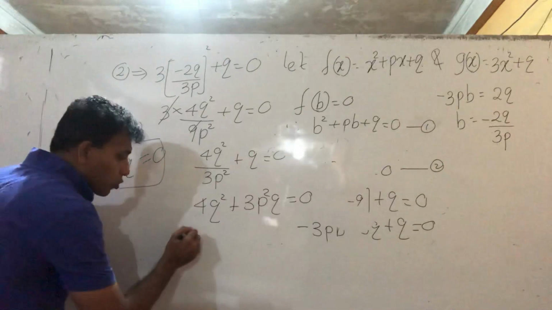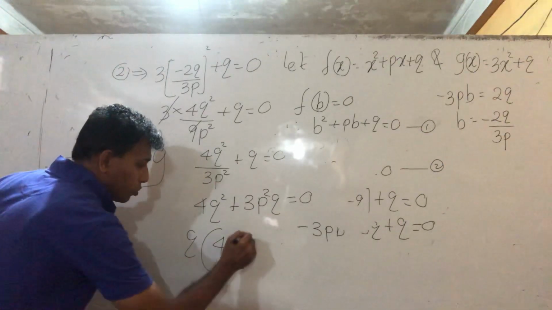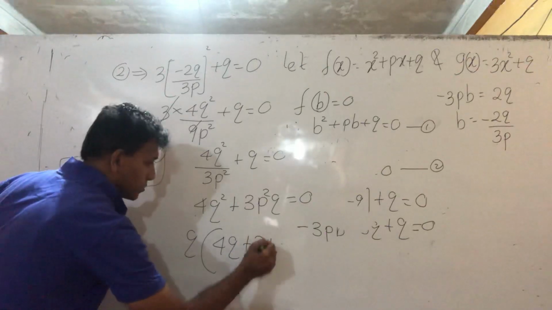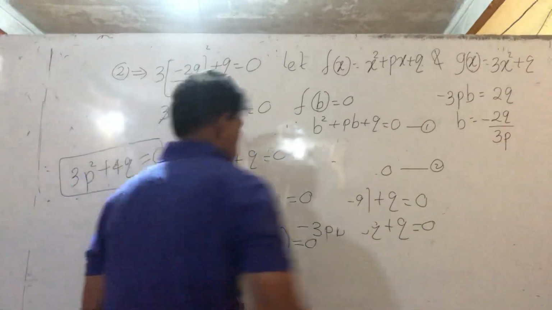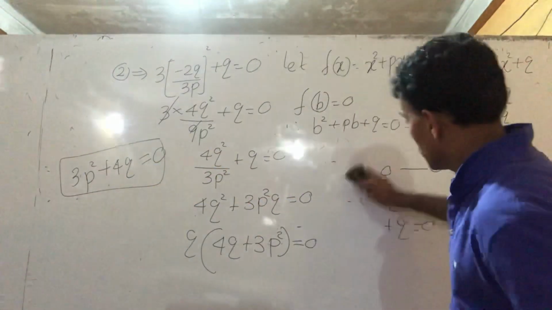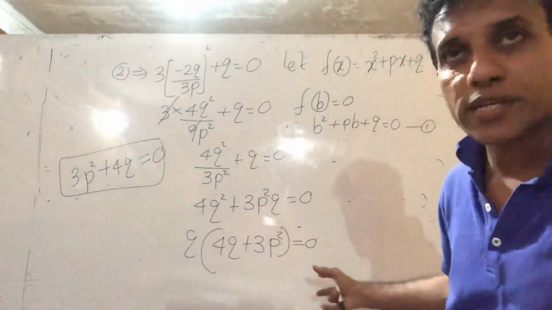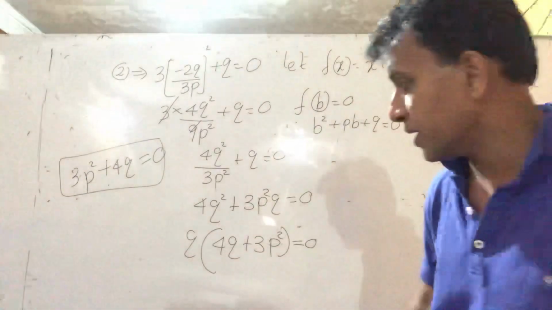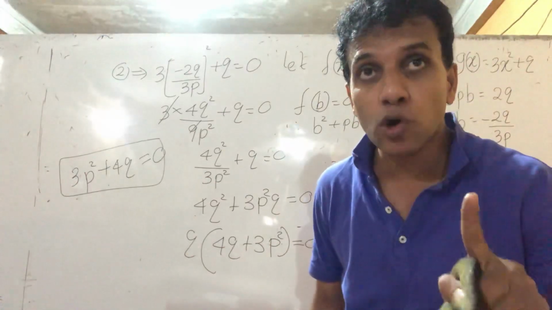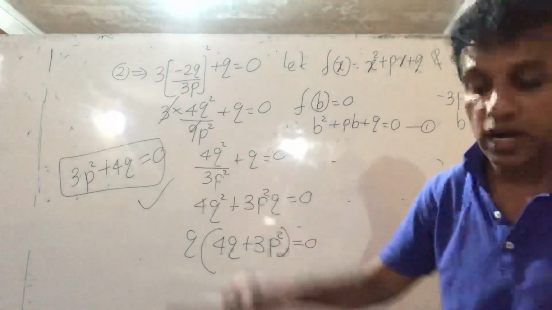Take the q out as a common factor. Very important solving. So you know this into this equals 0 means either this is 0 or this is 0. But they say q is a non-zero constant. Therefore this is the answer. Can you show that answer, right?